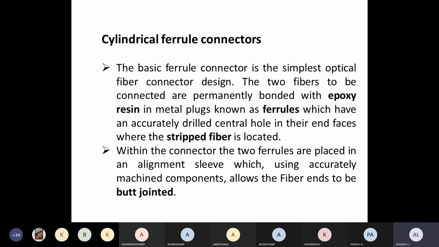This is one of the cylindrical ferrule connectors. Within the connector, the two ferrules are placed in an alignment sleeve, which uses accurately machined components that allow the fiber ends to be butt jointed.